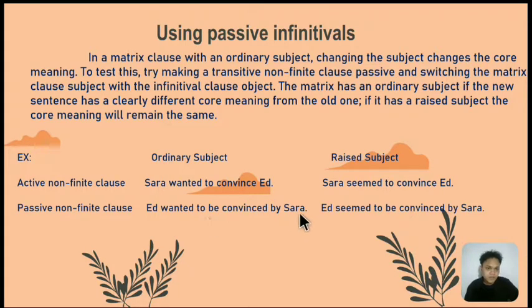But in passive voice, the main meaning is changing. Sarah is not the one who does the verb anymore. You're not sure. In passive voice, you're not sure. Is it Sarah who confessed Ed? Because the sentence is Ed wanted to be confessed by Sarah.